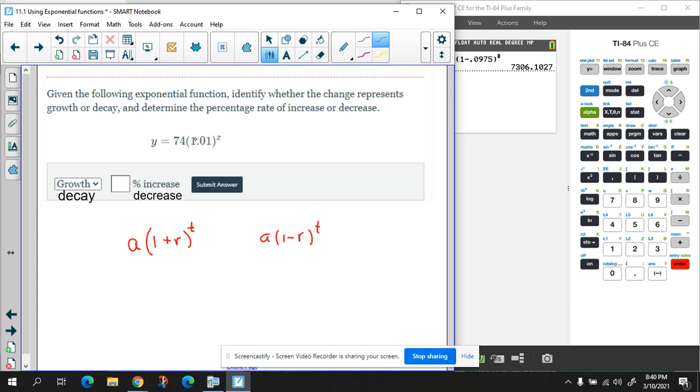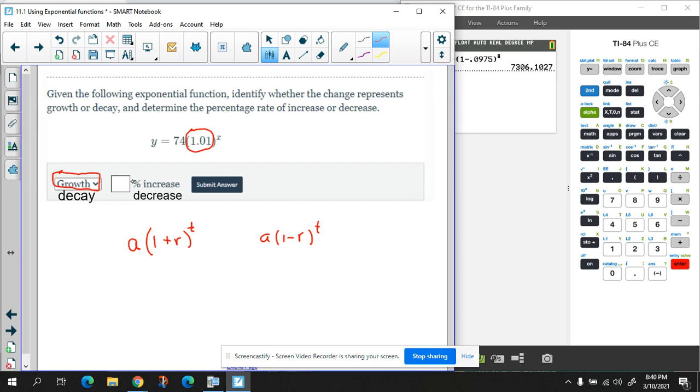So the first thing you want to look at is inside here, if the number is bigger than 1, even just by a little bit, you're going to choose growth. If the number is smaller than 1, even just by a little bit, you choose decay. If you choose growth, the word increase will show up here. If you choose decay, the word decrease will show up here.